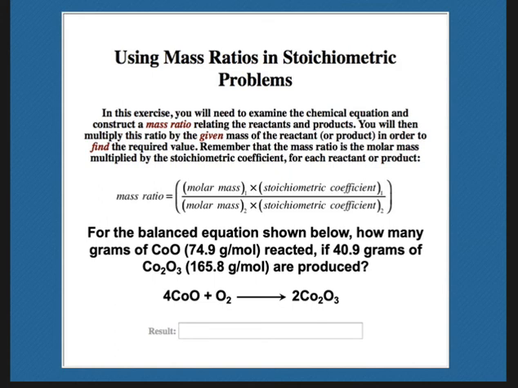Cobalt 2 is our unknown. So it's going to be 4 to 2 as our molar ratio. To make that into a mass ratio, we'll multiply the 4 times 75, multiply the 2 by 166.